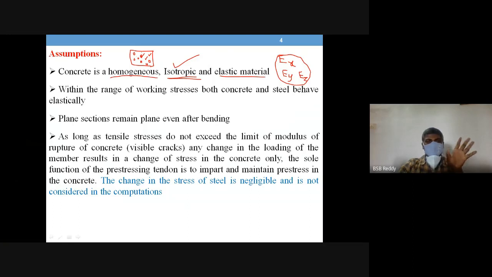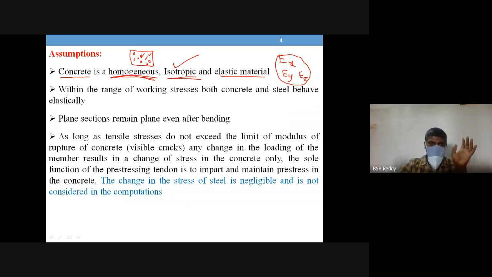So it is different at different locations, but still we assume that the concrete is homogeneous. This is to have simplicity in calculations. So concrete is assumed as homogeneous, isotropic, and elastic.